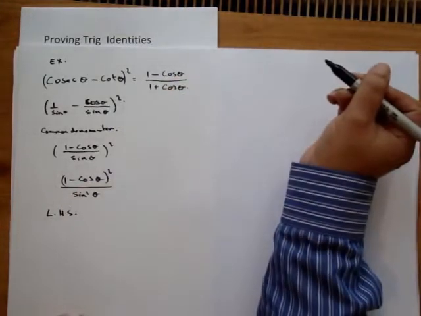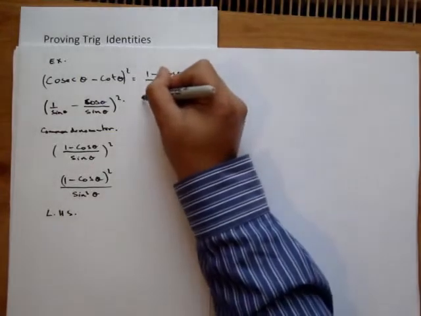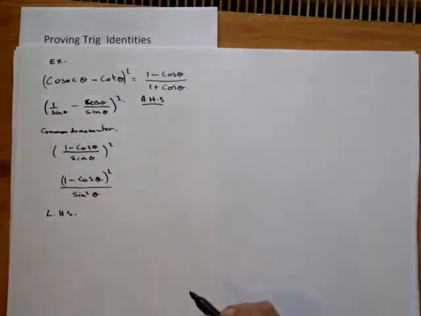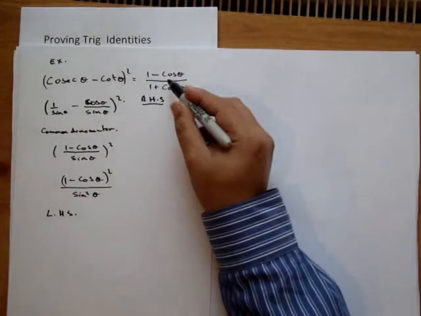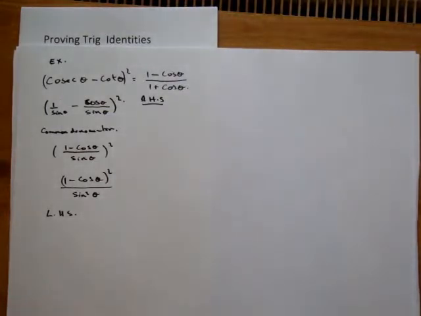So let's have a look at our right hand side now. For the right hand side, 1 minus cos theta over 1 plus cos theta. We notice that we have a binomial on the denominator, so we can use the conjugate.